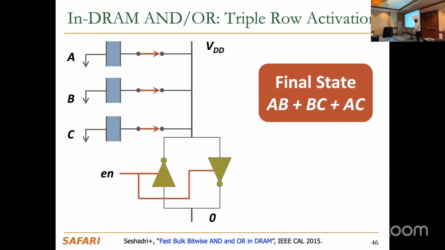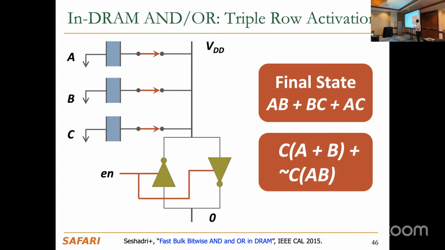Now, this is beautiful, bitwise majority. You can express it as: when C is set to 1, you get the OR, and when C is set to 0, you get the AND. Now, this is becoming interesting. This is a bulk bitwise computation model using majority, OR, and AND. And in a later paper, we also said that you could take the NOT inversion of a row by connecting the inverted side.